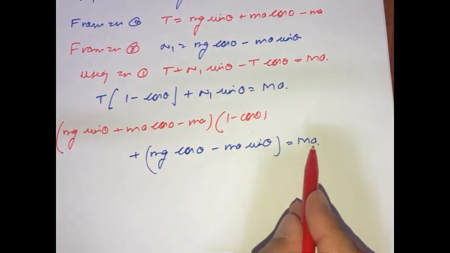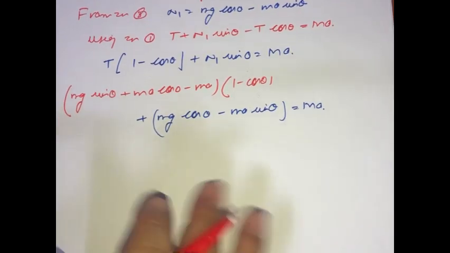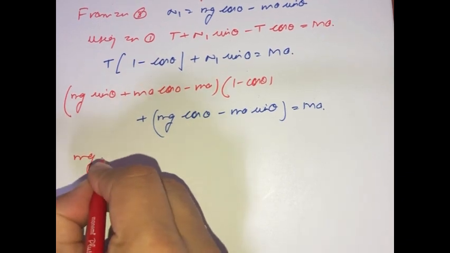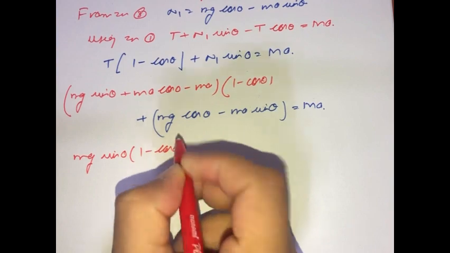So we are supposed to find out this acceleration a. So we open the bracket, we get this as mg sin theta into 1 minus cos theta.